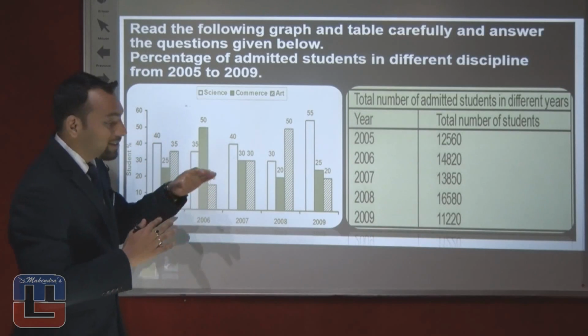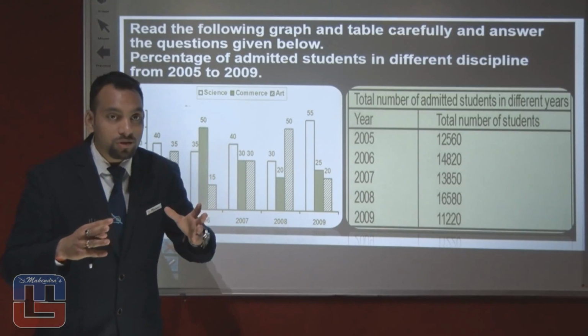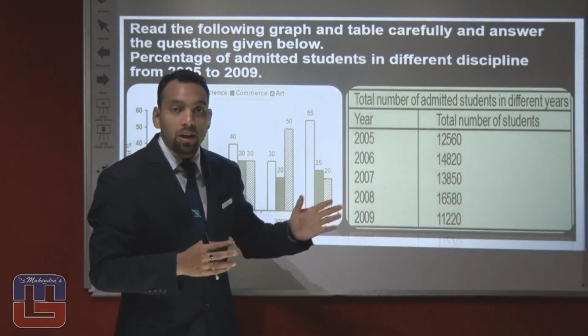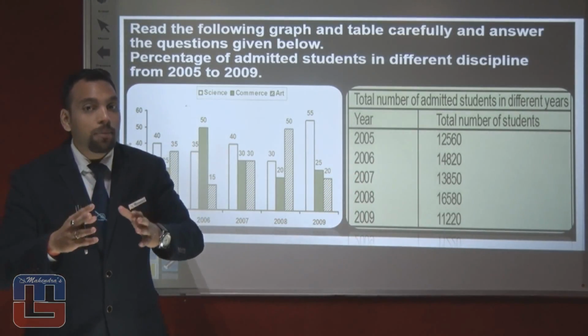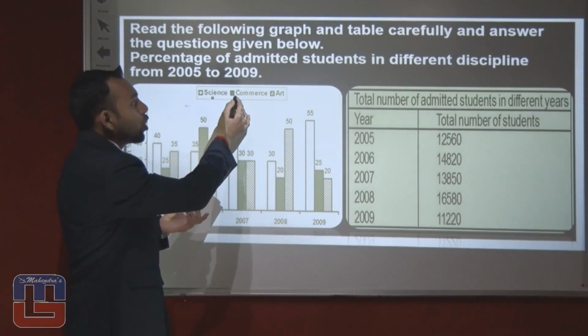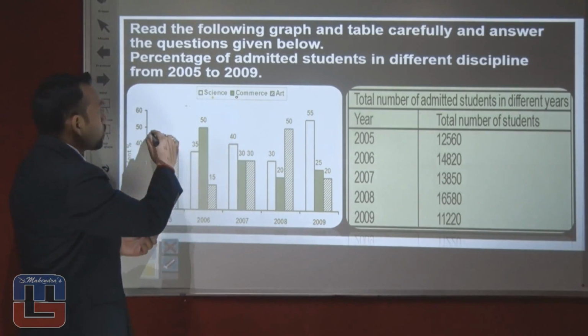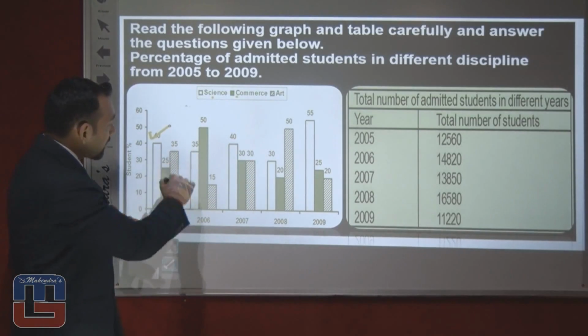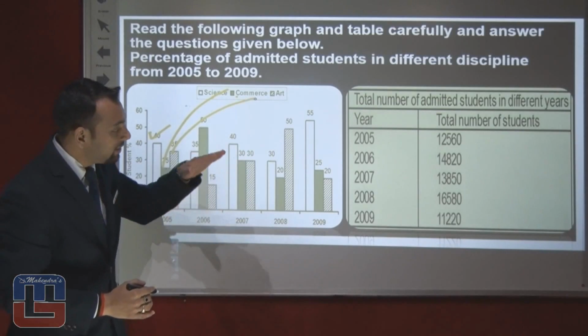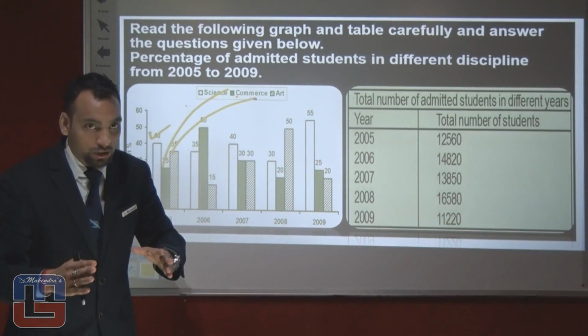Again, I'm saying this is the graph which shows the percentage of students, and this is a table which shows the total number of students. If you talk about the students in science, commerce, arts, first one is science, second one is commerce, and the next one is arts, and these are the percentage of students.